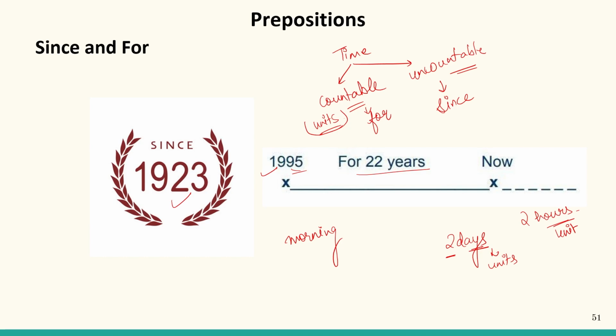Now, for is again used with for 2 hours, for 3 hours, for 5 days, for 3 years. So in that case, we use for. She has known me for 5 years.